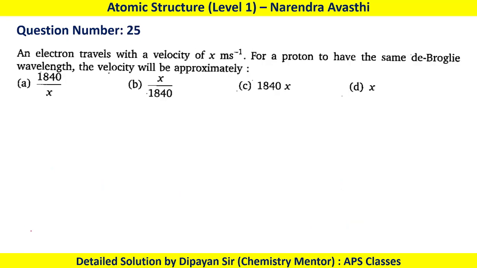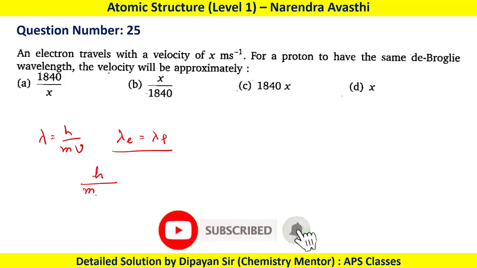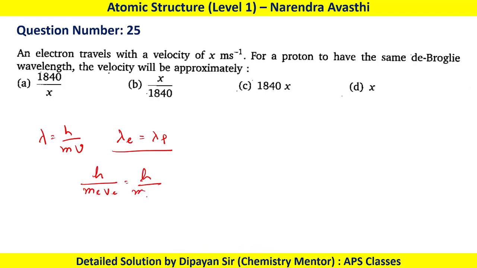In question number 25, an electron travels with a velocity of x meter per second. For a proton to have the same de Broglie wavelength, the velocity will be approximately what? Lambda equals h by mv, where h is Planck's constant. If the wavelength of the electron should be equal to the wavelength of the proton, you can write h by m e v e equals h by m p v p, or m e v e equals m p v p. So v p can be written as m e divided by m p multiplied by v e.